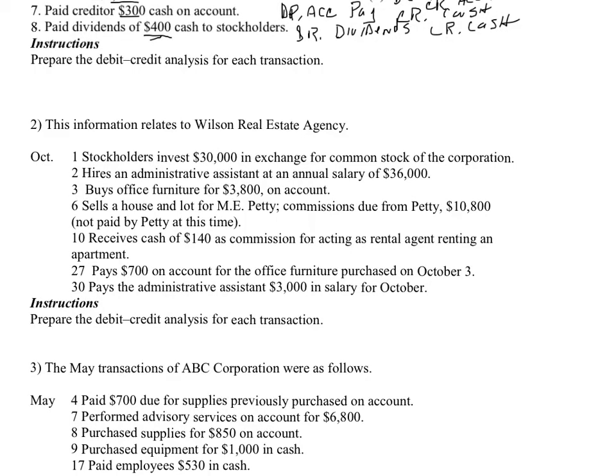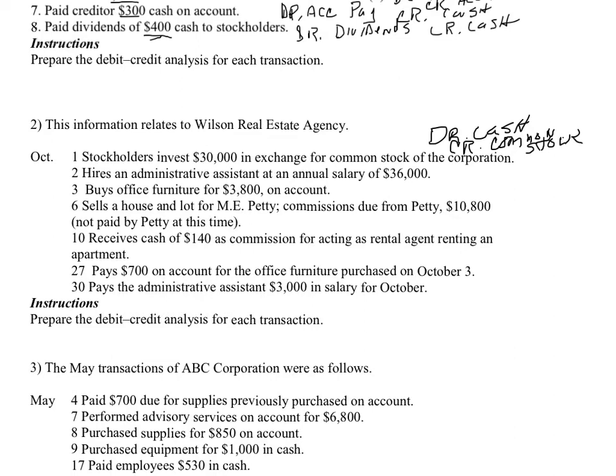Okay, Wilson Real Estate. October 1st, we've seen this transaction before. Stockholders invested $30,000 in the company. So the company has the cash, so it's debit cash, $30,000, and credit common stock, common shares.